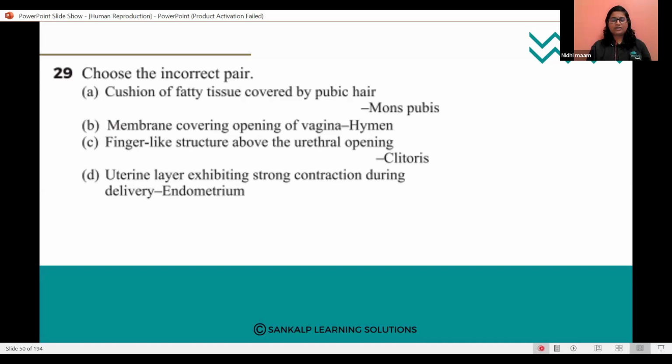Cushion of fatty tissue covered by pubic hair, mons pubis, and covering the hymen. Just a minute.